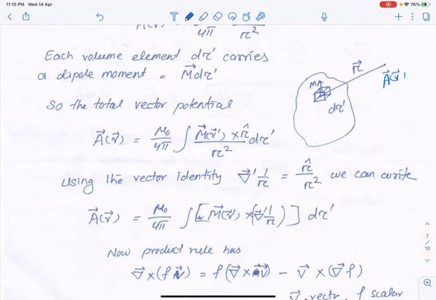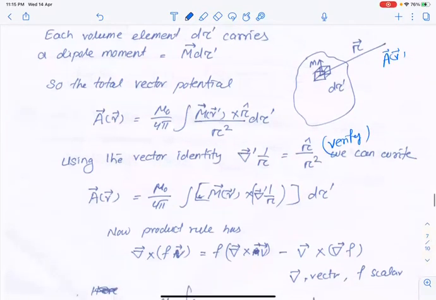This you should verify again; I think you have already done one exercise for that. So once you replace r cap by r square with del prime 1 over r, your cross product becomes M of r prime cross del prime 1 over r.